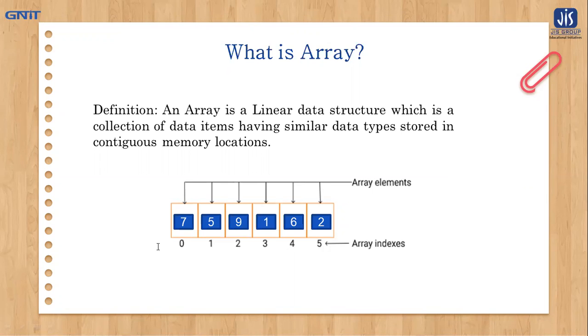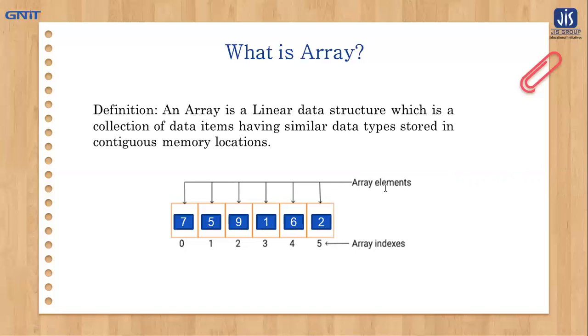It depends on the number of elements you are storing and the condition you give. That many elements it will take. So 7 is at index 0, and its location is known as the base address. If we know it, we can find out the address of any element present in that array. So these are the array indexes and those are the array elements.